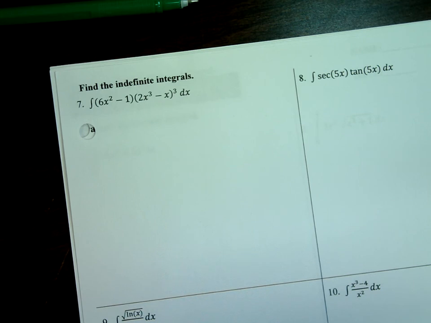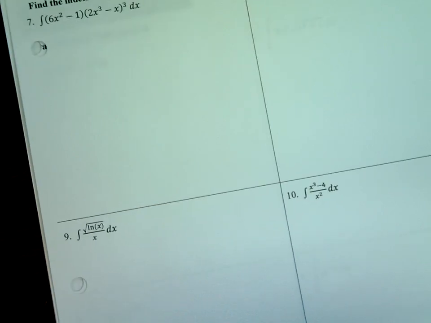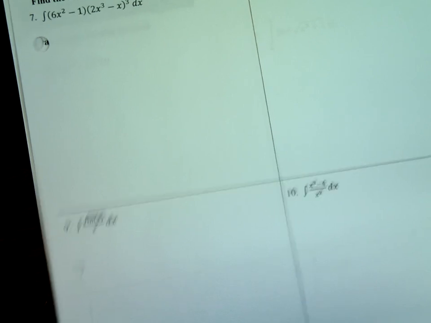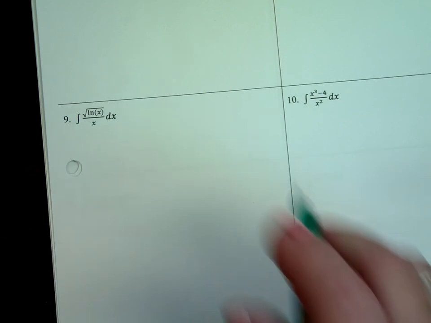So 7's not as bad as you think it is. I'm hearing 9s. Let's look at 9. Number 9, I have an ln of x that's being square rooted, and I have an x, and my decision has to be, what is your u? So who's in an ugly spot?